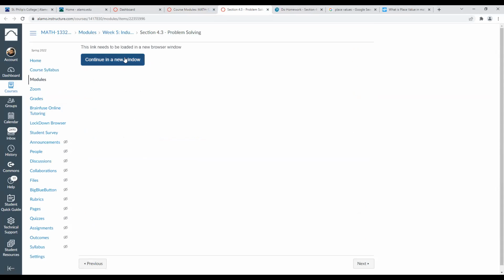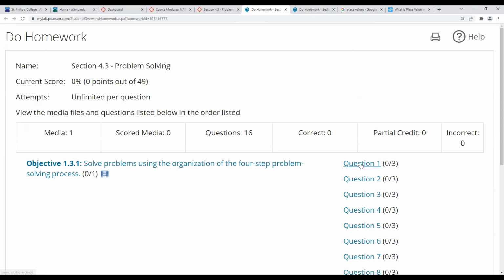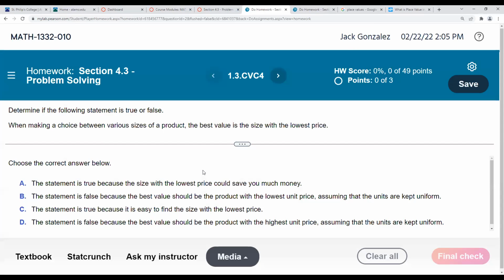Problem solving. So again, this is a critical thinking section. When making a choice between various sizes of a product, the best value is the size with the lowest price. Is that true?